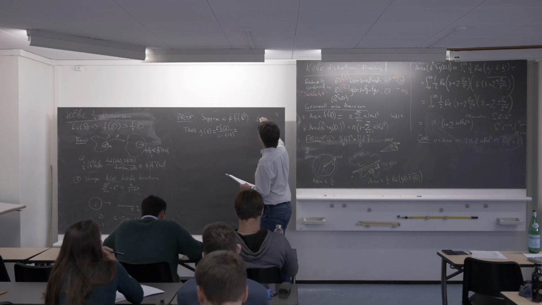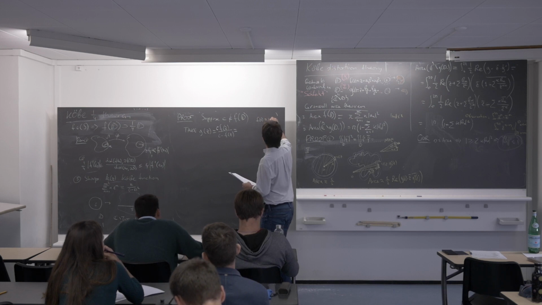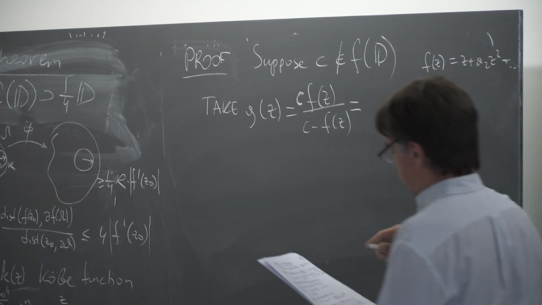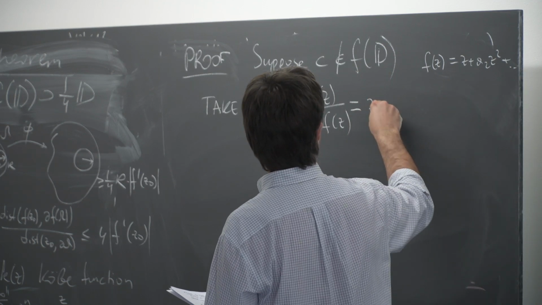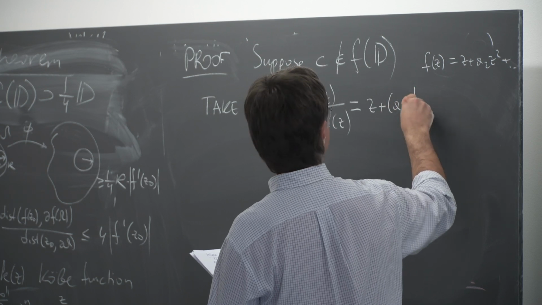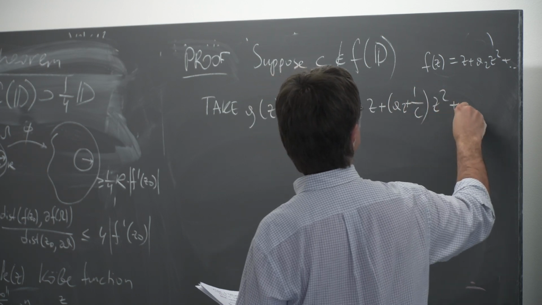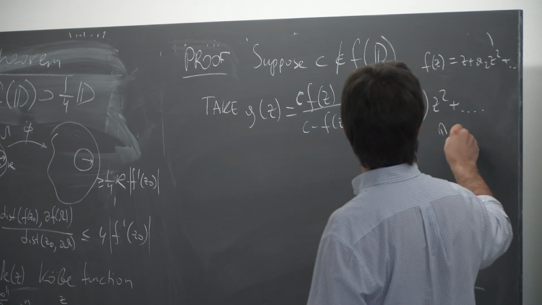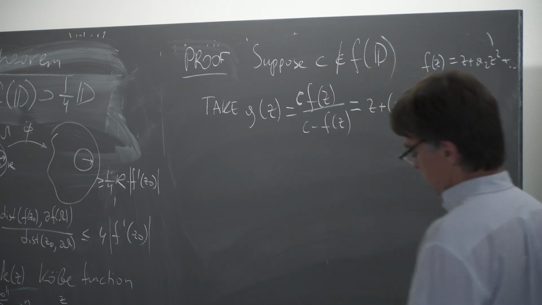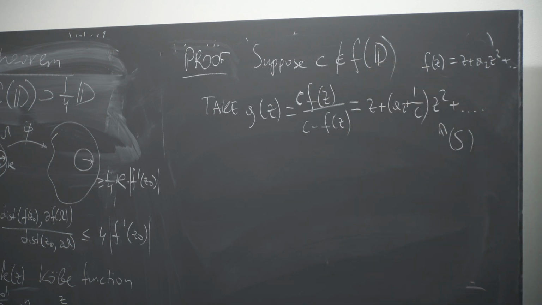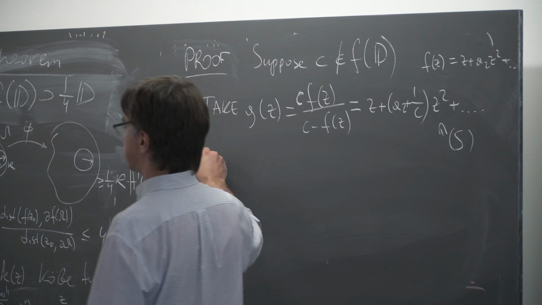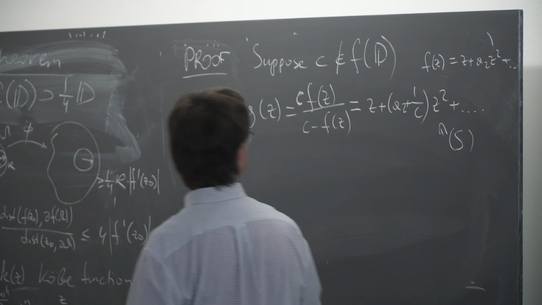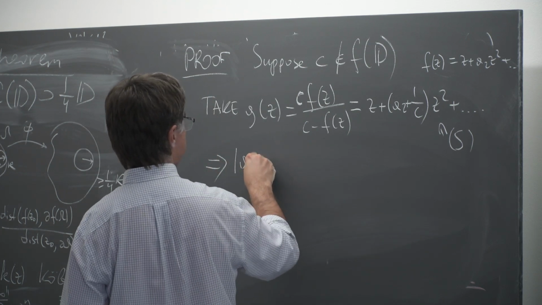If f of z is z plus a2 z squared plus so on, then when you expand this, it will be z plus (a2 plus 1 over c) z squared plus small order terms. It will be in the Schlicht class because it's in this form. If it's in the Schlicht class, then the second coefficient is no more than 2.